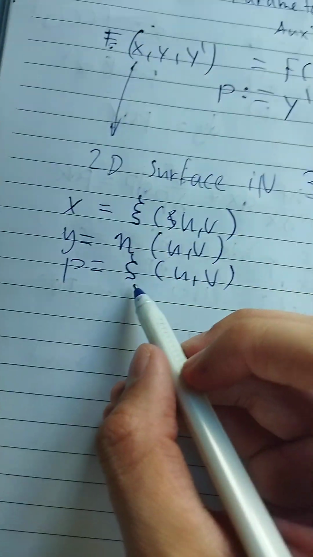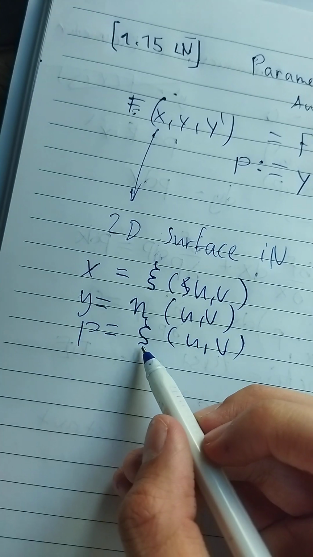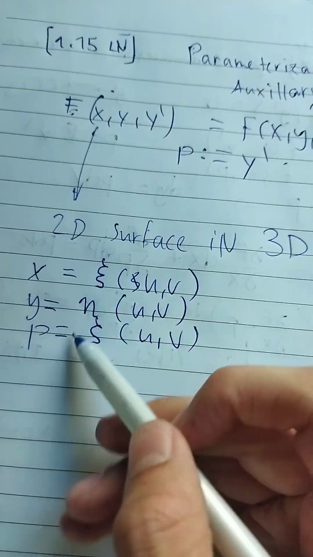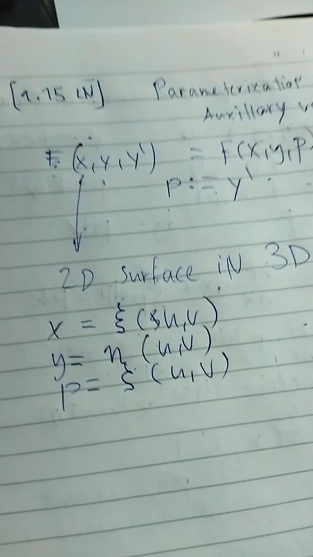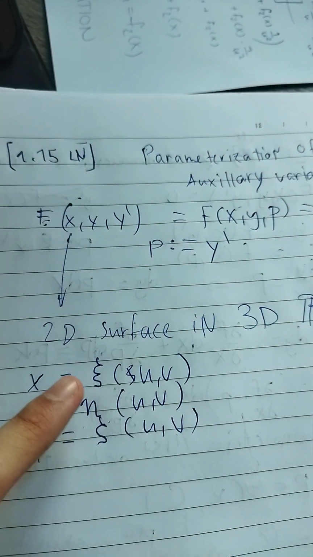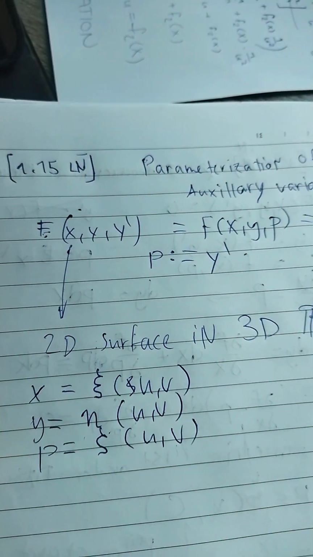I always confuse between them because they look pretty similar. So this is zeta and this is xi.